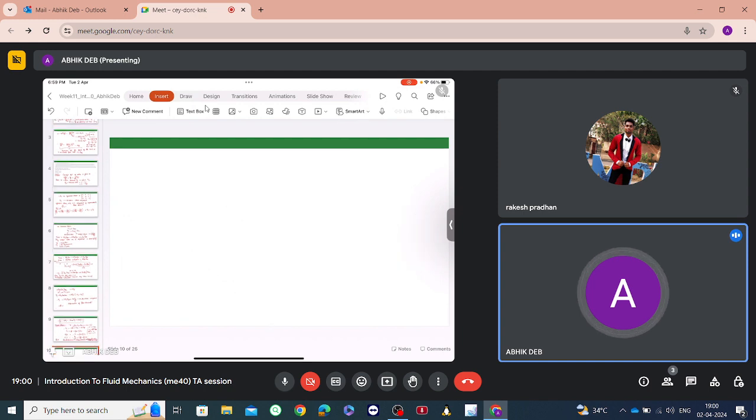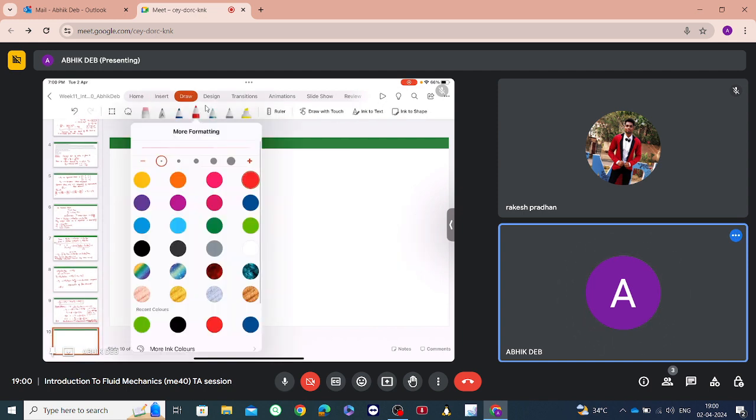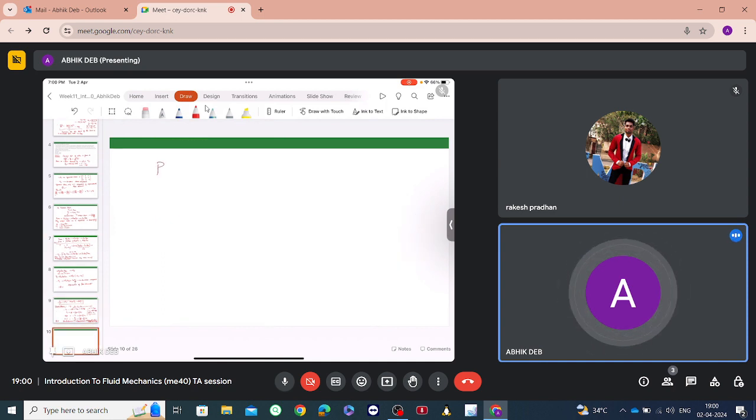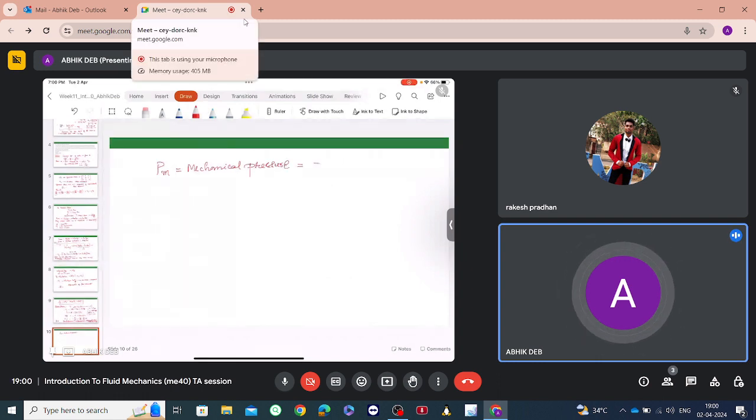Now coming to the mechanical pressure part, what will be the mechanical pressure? Pm, the mechanical pressure, is equal to minus tau II by 3, or if we expand this, it will be minus (tau 1 plus tau 2 plus tau 3) by 3.